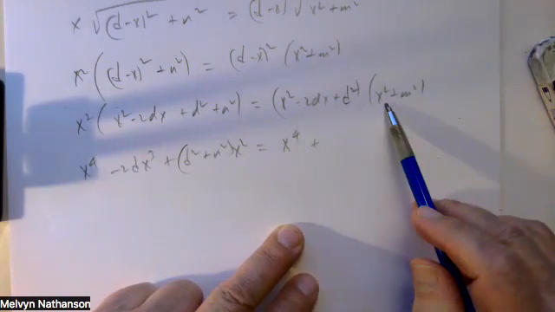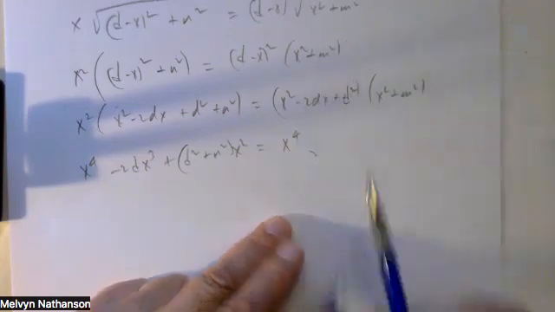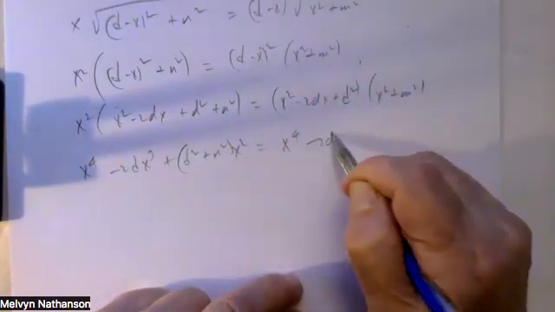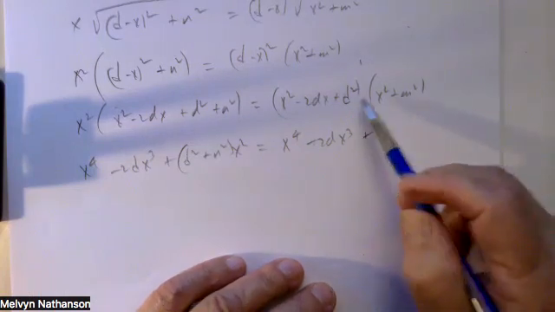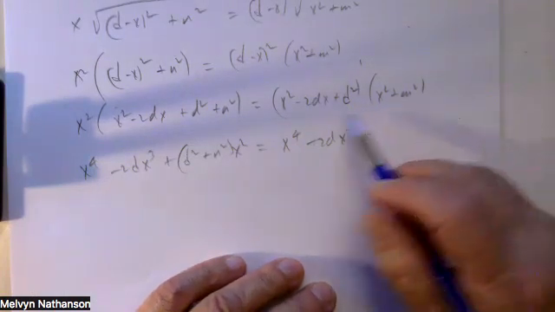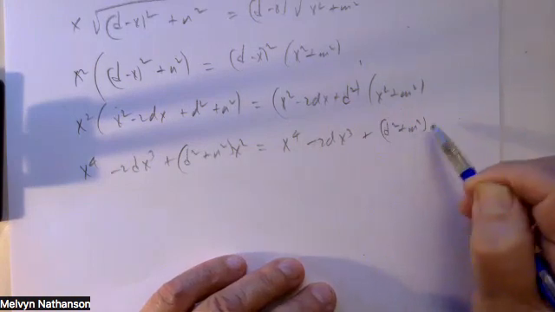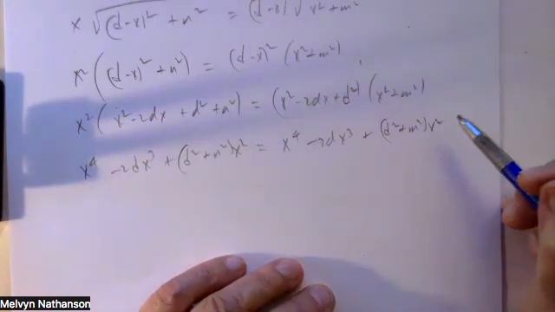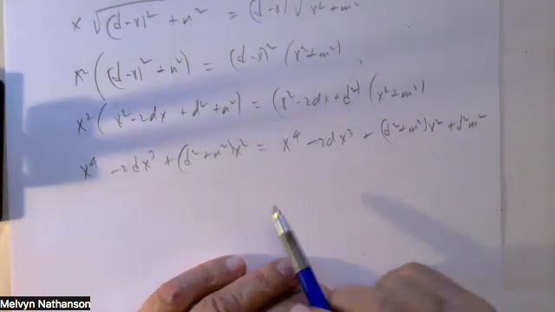So I get this fourth degree term. I get one cubic term, minus 2dx cubed. I get some quadratic terms. I get d squared x squared and m squared x squared. So I have (d squared plus m squared) x squared. And I have a constant term, d squared m squared.